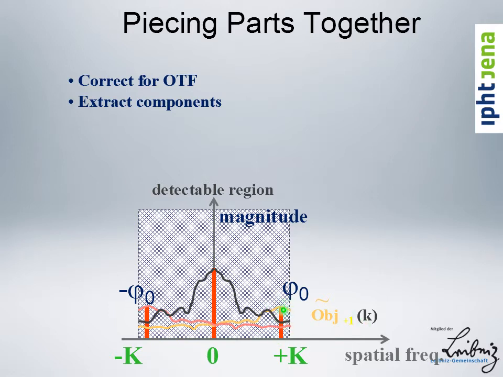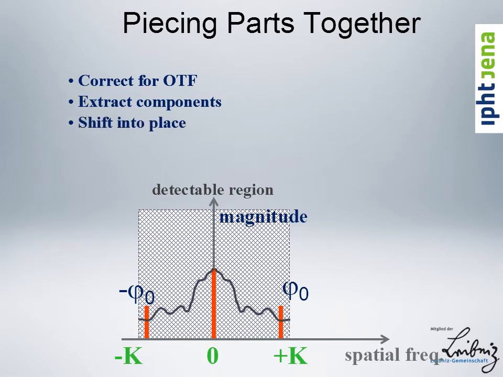That means the 0 frequency lies here, and because our transfer function is still anchored at 0, we can measure all the way to the negative minus k. In terms of object frequencies, because of the mixing and shifting around in Fourier space, we are able to have information that is measured from 0 to minus 2k in terms of object frequencies. So this way we've measured twice as much information as before.